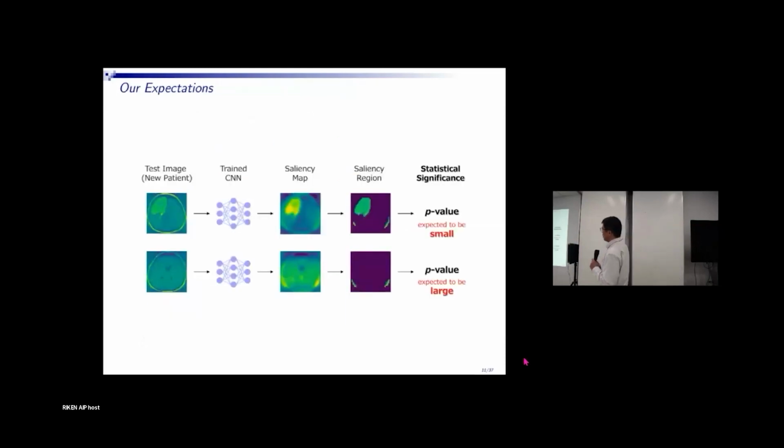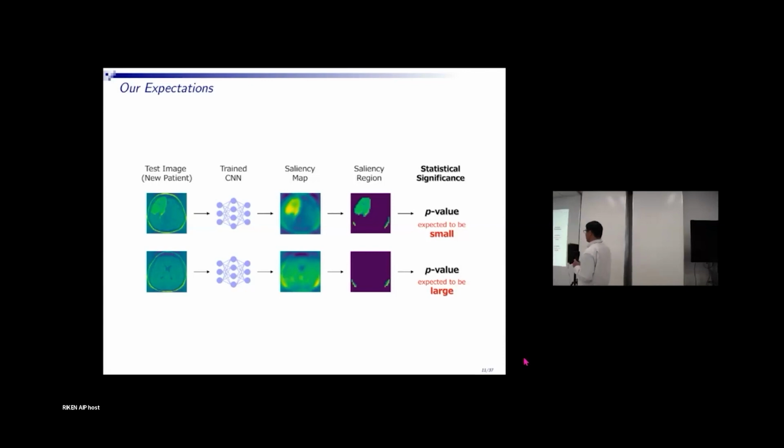Here we have a brain image that contains a tumor lesion in the upper area, and in the bottom we have a brain image that does not contain a tumor lesion. So what we expect in the upper case is a small p-value, because we want the method to declare this is statistically significant.